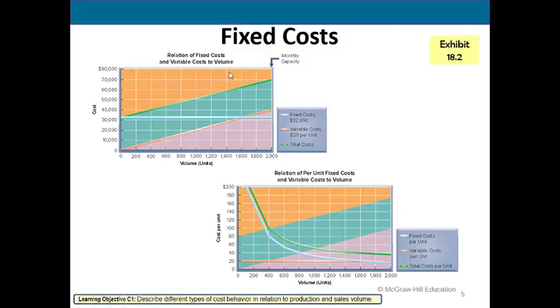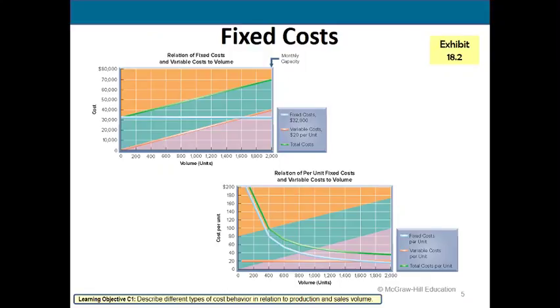So here it shows the relation of fixed cost and variable cost to volume. I'm trying to figure out what exactly this is trying to tell me. All right, so as variable costs go up, fixed costs are going to stay the same, but total costs go up since variable costs go up.